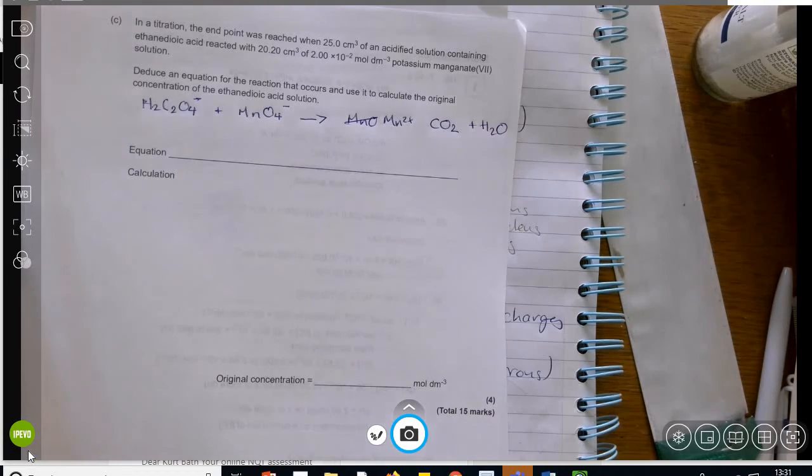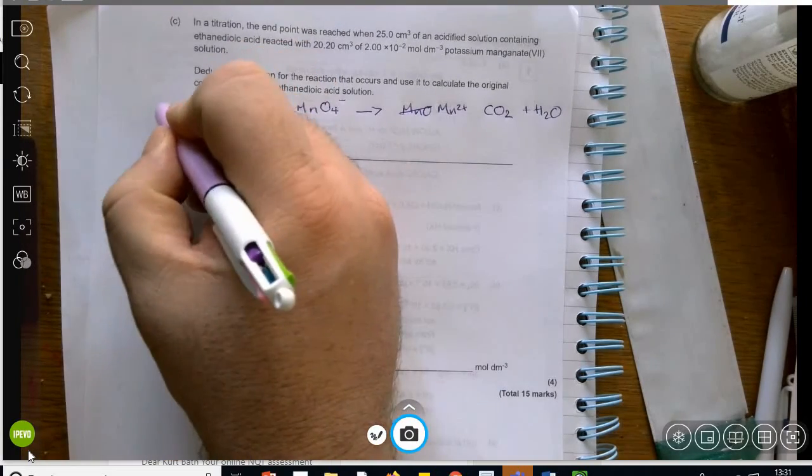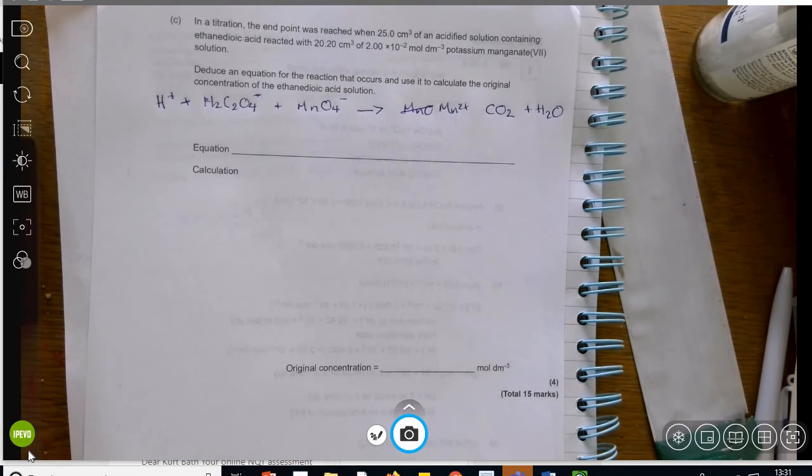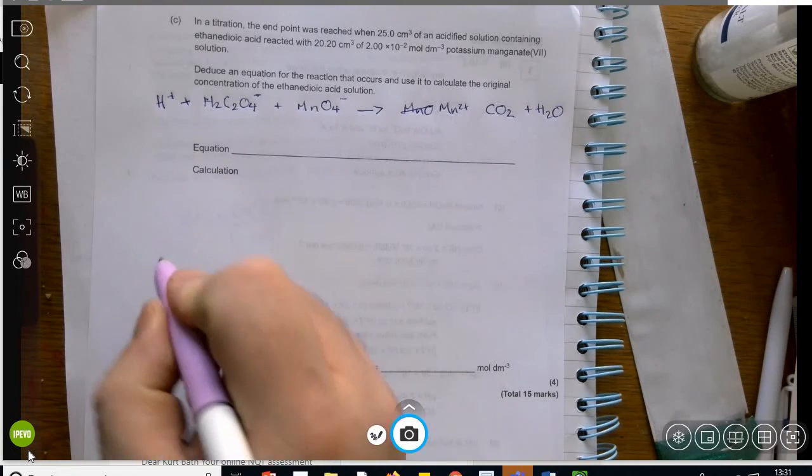Okay, there are obviously going to be some H plus ions on this side as well. That's why I said dissociate. So you have to balance all that out and then come up with the equation. Once you've got the equation, what that will allow you then to do is to work out the number of moles.